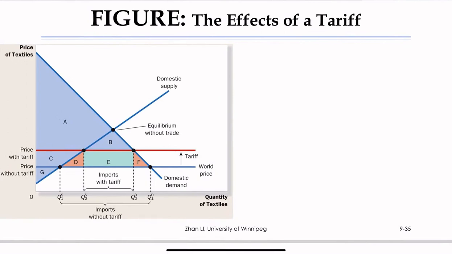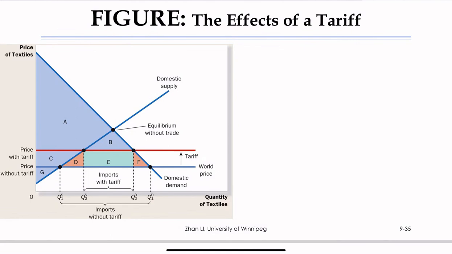So if there is a tariff, the domestic price will increase by the same amount as the tariff, right? For example, if the world price is $100 and the tariff is $10, then after imposing the tariff, the domestic price in Iceland will increase from 100 to 110, right?